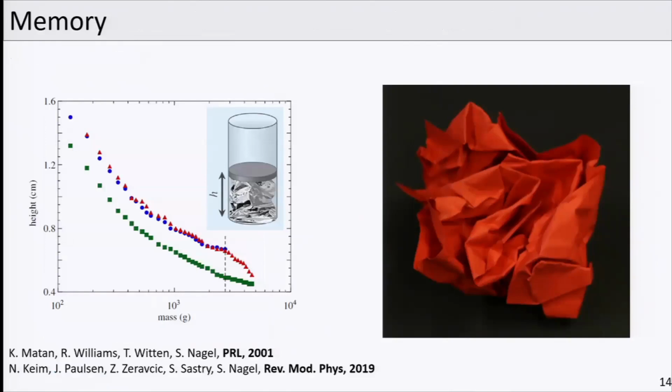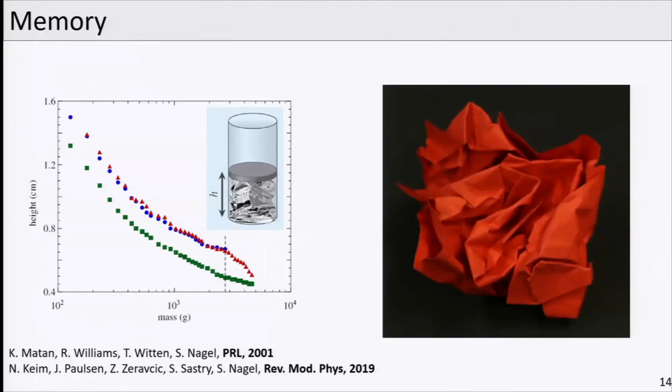The first one is not so complicated. It was found in Chicago in Tom Witten's and Sid Nagel's team. They put their crumple in a tube, and they measured the height of the paper as a function of the weight that sits on the head of the crumple.